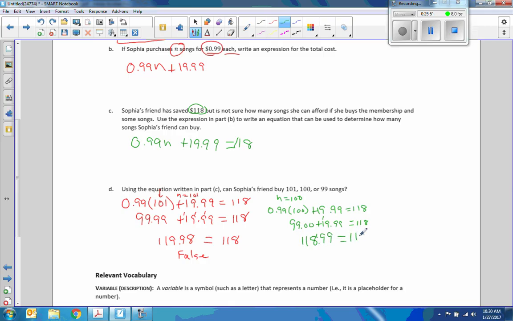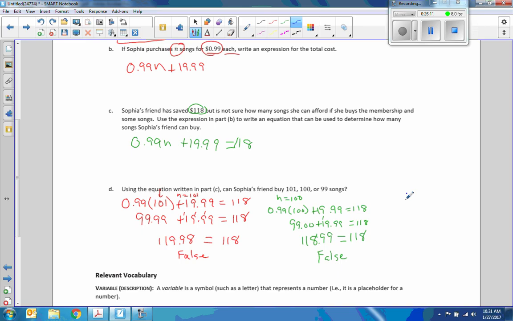That does not equal 118. She's over by 99 cents. So that's false. Well, this should ring a bell for you right here. She's over by 99 cents, and that's how much a song costs, so one less should do the trick.